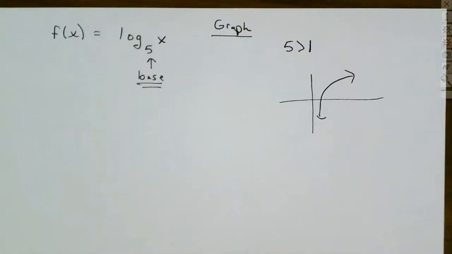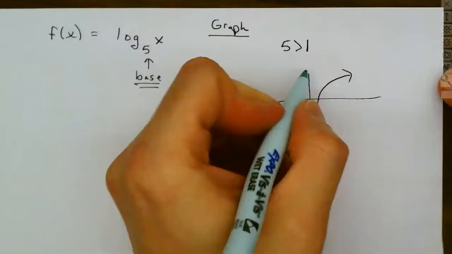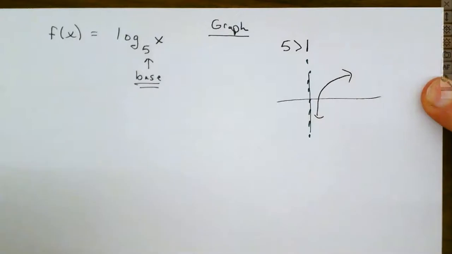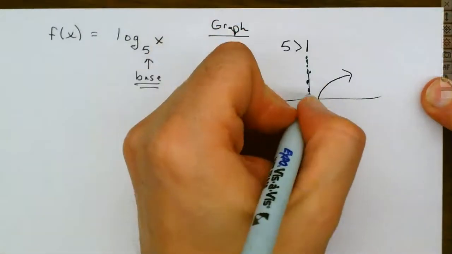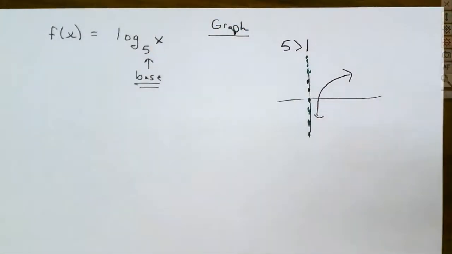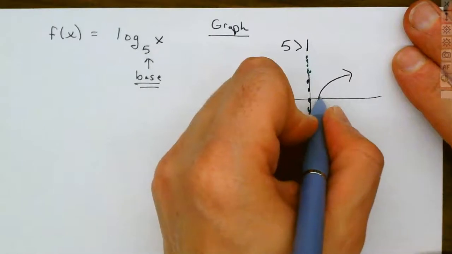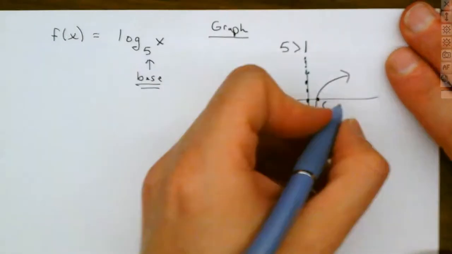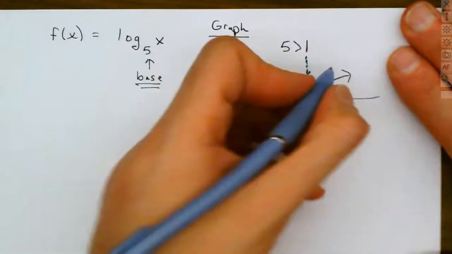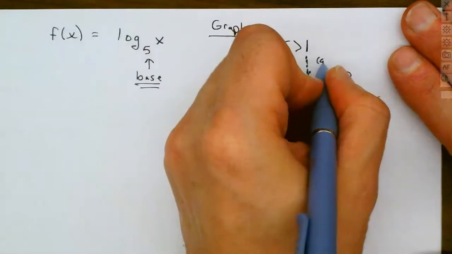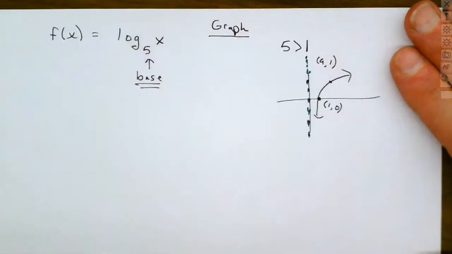Horizontal asymptote. These have a vertical one instead. It's not in your book, but when you go to graph these, there's going to be a vertical dotted line. On these, we also have the point 1, 0 for a new point, and we've got a, 1. So they're a little bit different.